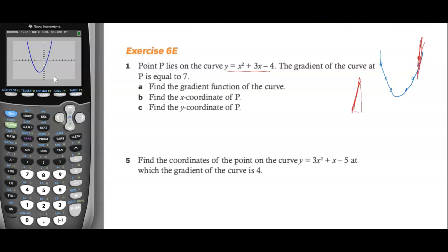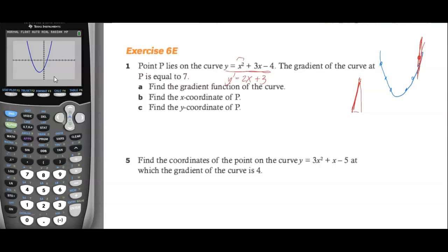How do we find point P? Well, first of all, we need to do what we did on page 1. We're going to find the derivative of this function. Remember the power rule. So y dash equals, and the derivative of x squared is 2x to the first, right? The derivative of 3x is 3, and the derivative of negative 4 is 0, so we just write y dash equals 2x plus 3.